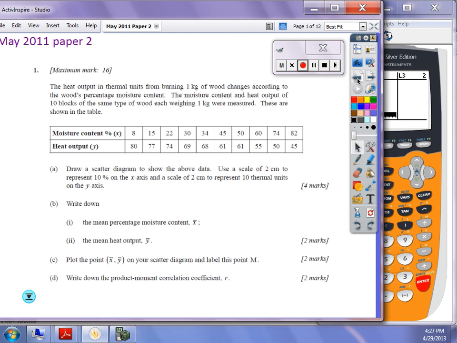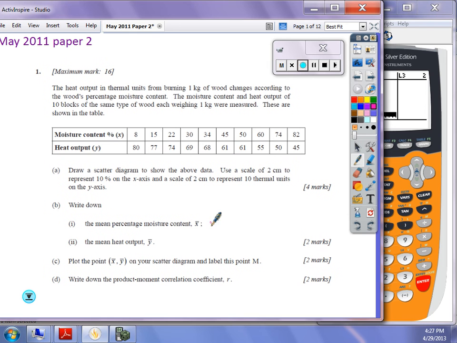So what you need to do is go to Stat, Edit, hit Enter, and in L1 list the values of X, and in L2 list the values of Y. Then you'll do Stat, Calculate, and you'll be calculating two variable statistics because you've put in an X variable and a Y variable. You'll see that the mean of the X values is equal to 42, and the mean of the Y values is equal to 64.